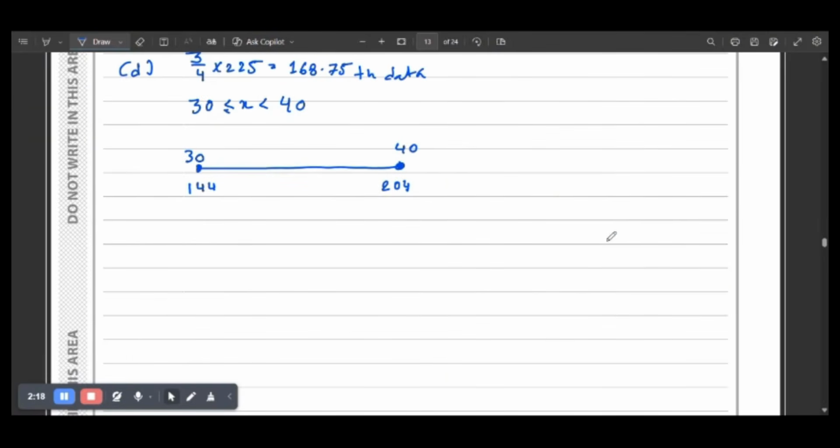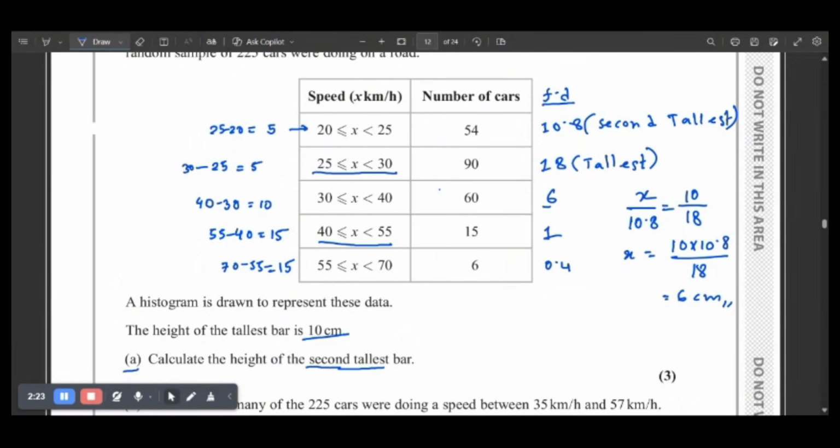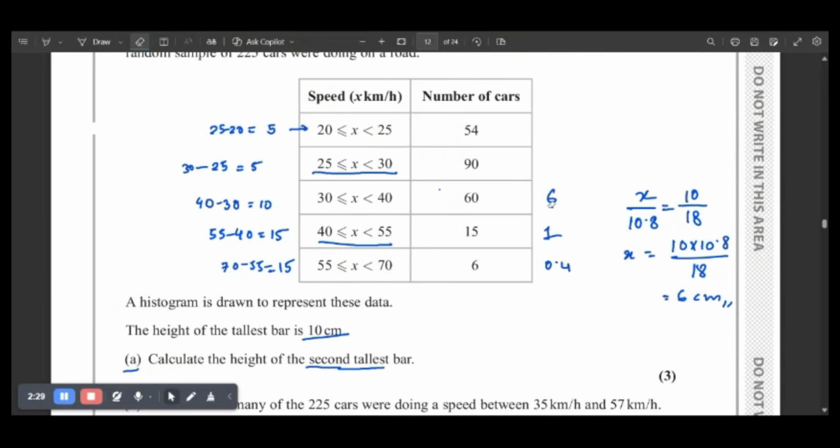If we find the cumulative frequencies of this graph, it becomes easier to find out in which classes our median and upper quartile lie.